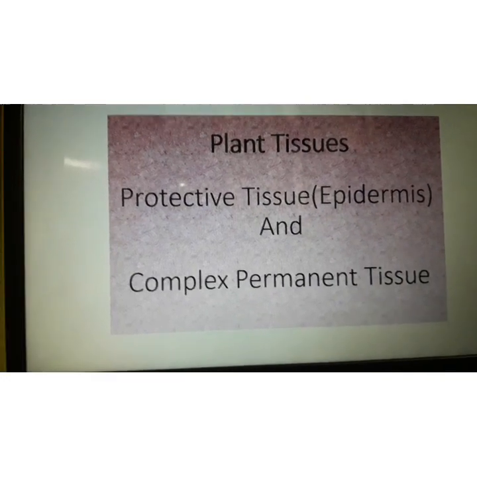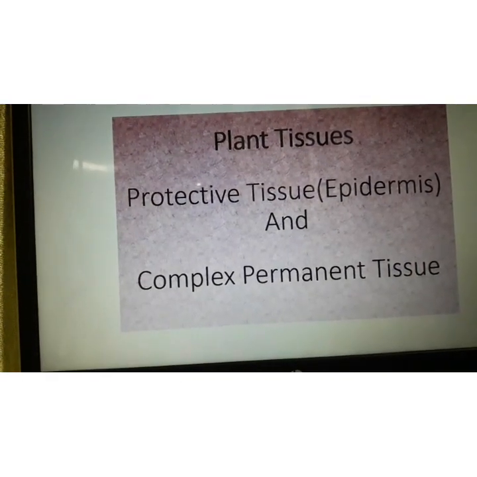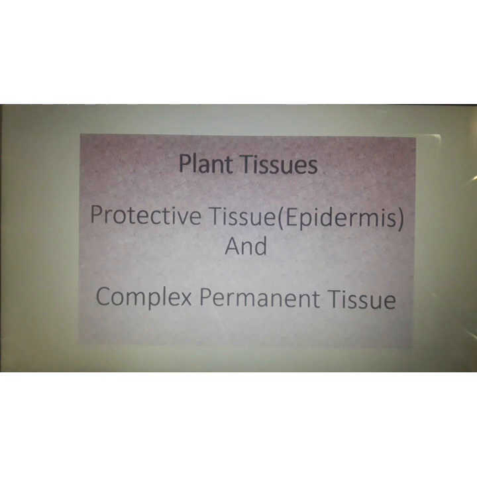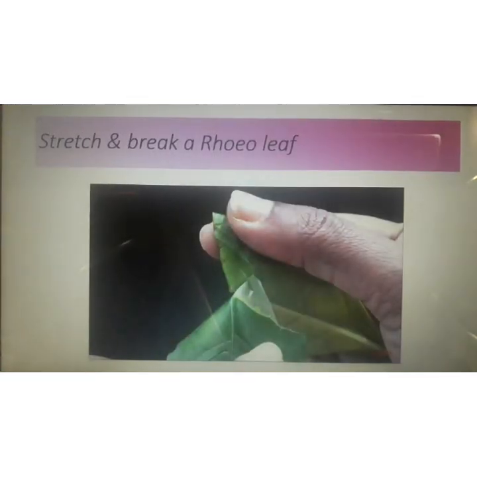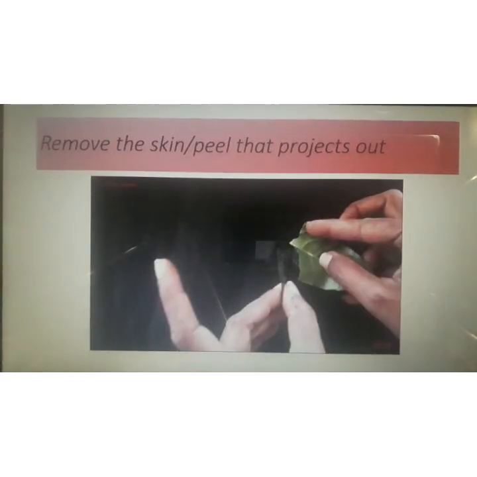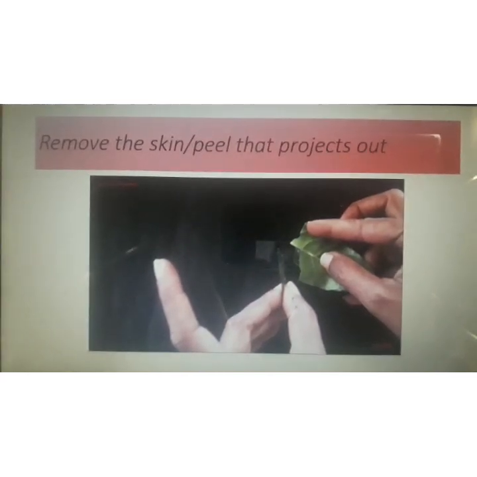So here we start. Let's discuss the Activity 6.3 given in your book, in which you have to take a fresh Rhoeo leaf and then stretch it and break it so that some skin or peel projects out. Now remove this peel and put it in the petri dish containing water.